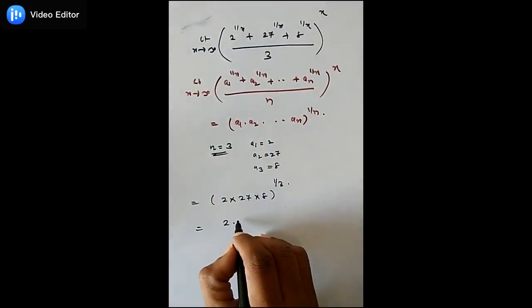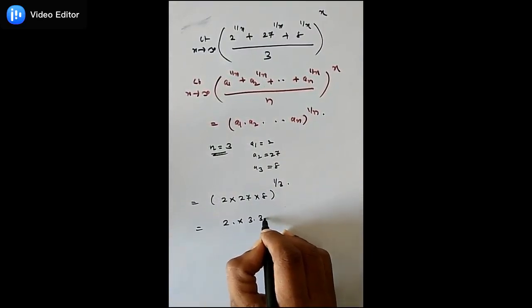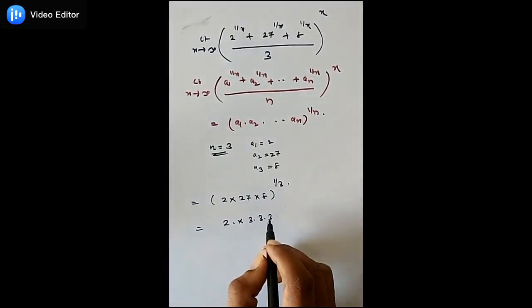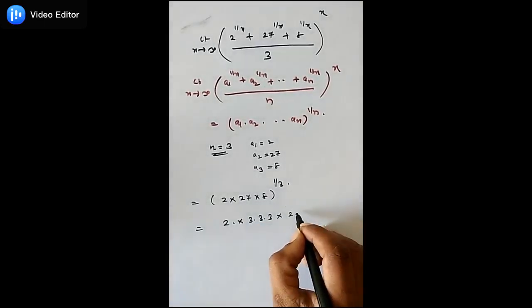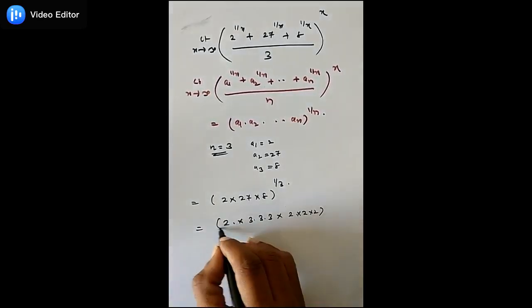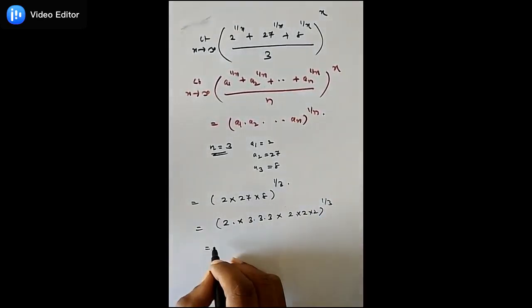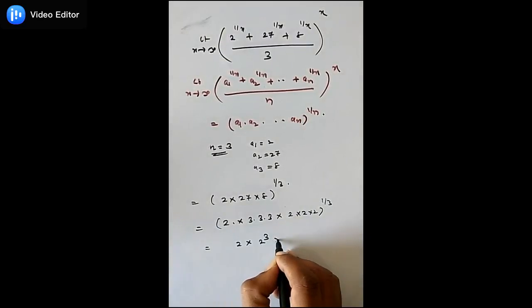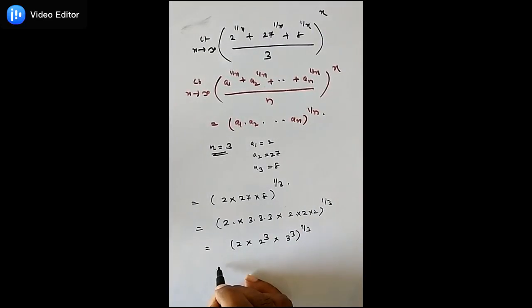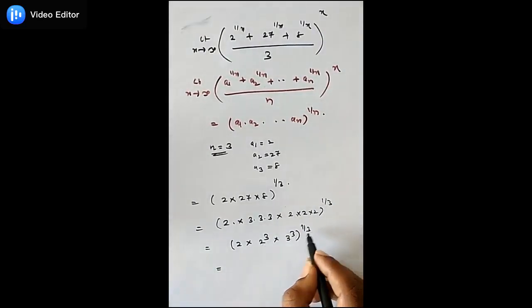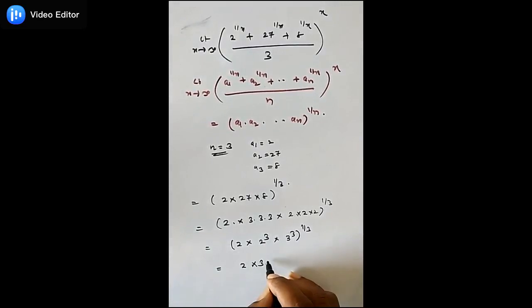So 2 into 27 means 3 into 3 into 3, 3 threes are 9, 9 threes are 27. 8 means 2 into 2 into 2, all to the power 1/3. So we can write this as 2 into 2 cubed into 3 cubed, all to the power 1/3. It is very clear, 3 and 3 cancel, 3 and 3 cancel, we get 2 into 3 into 2^(1/3). 2 threes are 6, and 2^(1/3) means the cube root of 2.